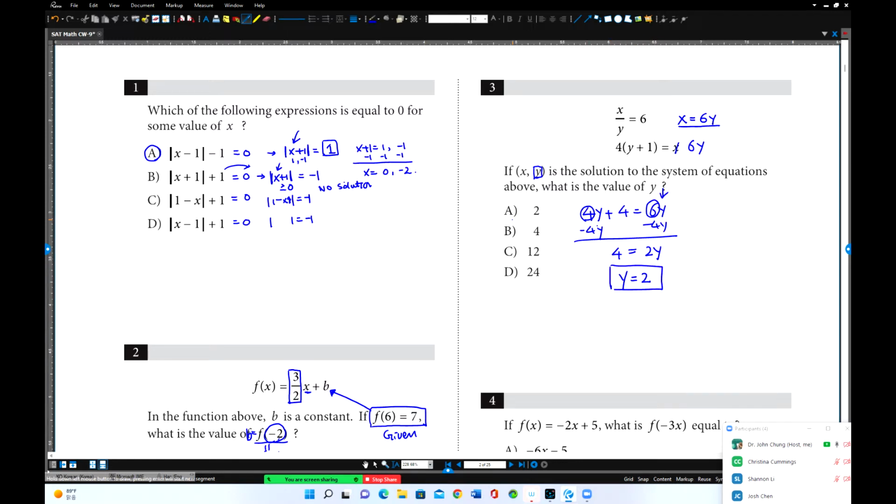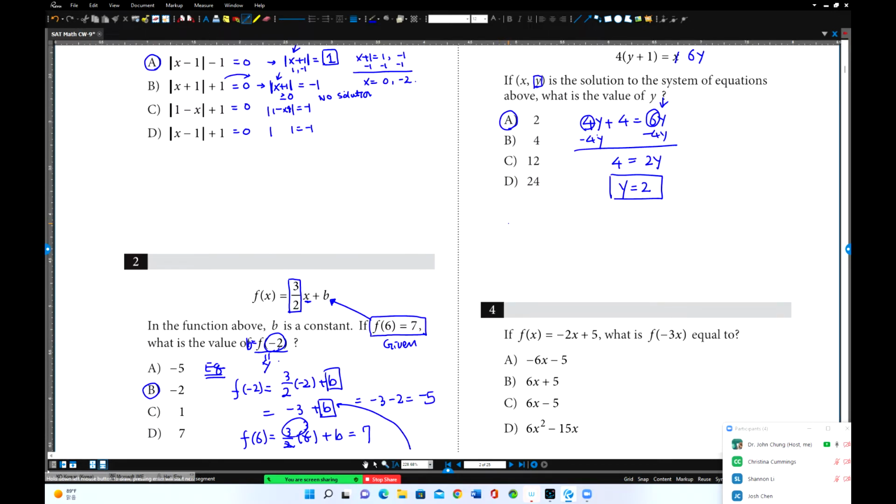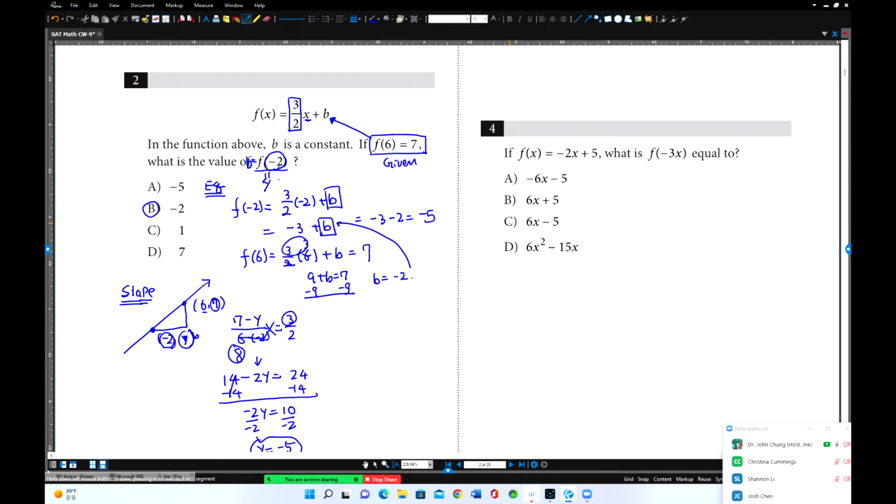That's the answer. Okay, the idea when they ask you for the y coordinate is to try to eliminate the variable x. That's number 3. If you guys have any questions, let me know. Okay, now move on to number 4 there.